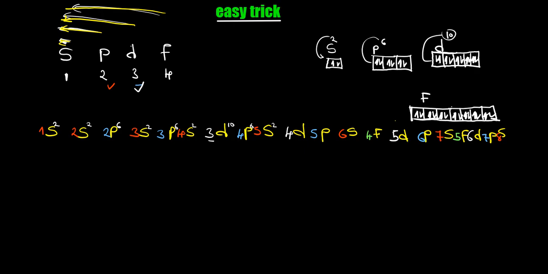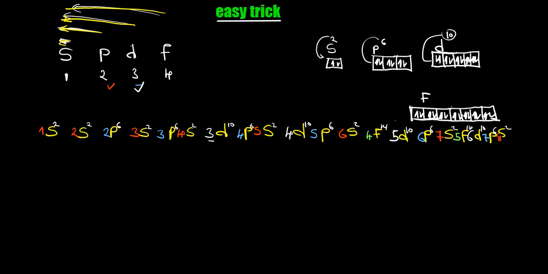Then D 10 electrons, P 6 electrons, S 2 electrons, F 14 electrons. Again D 10 electrons, P 6 electrons, S 2 electrons, F 14 electrons, D 10 electrons, P 6 electrons, S 2 electrons. So this is the pattern that I'll be using.